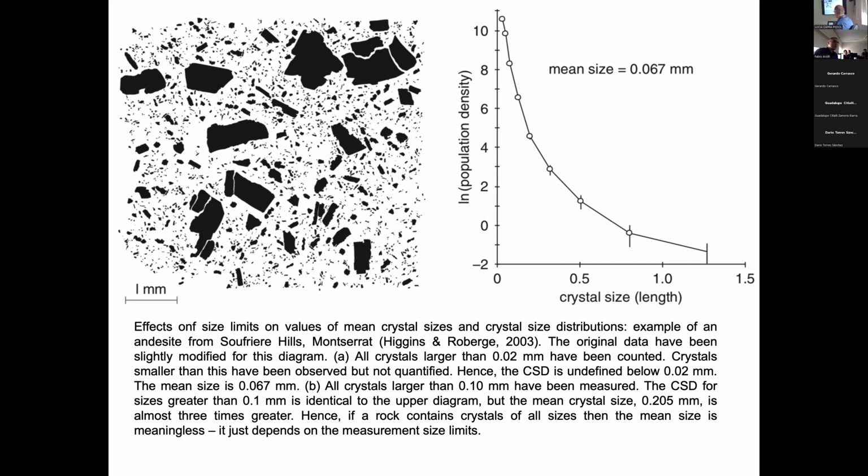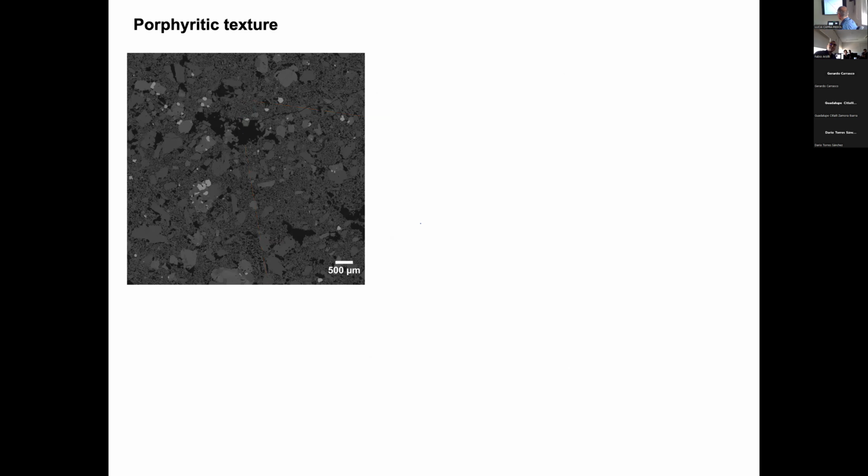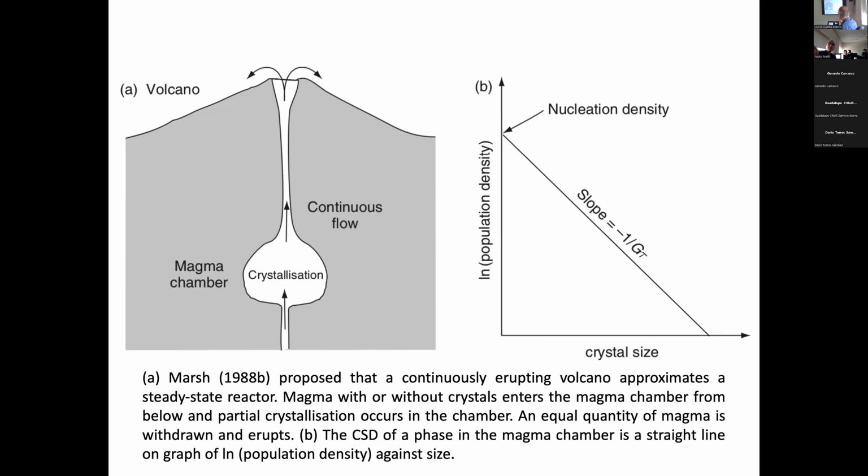And if you measure the slope and you know the growth rate of your phases, so if you take the growth rate from the literature for plagioclase, you can enter it in this equation, where your unknown is time.